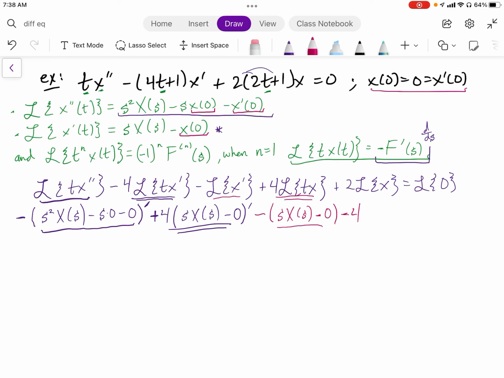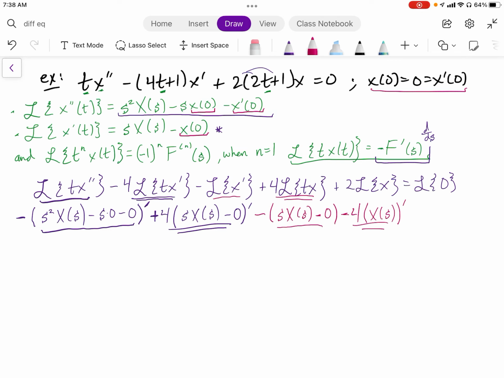So x of s prime. Sorry, I was drawing a blank there for a second. My mind went astray. Okay, 4 Laplace t of x.